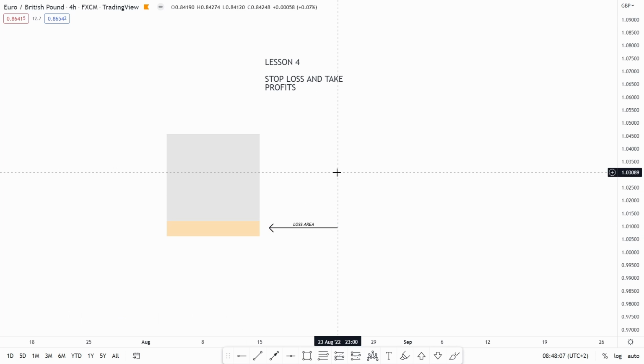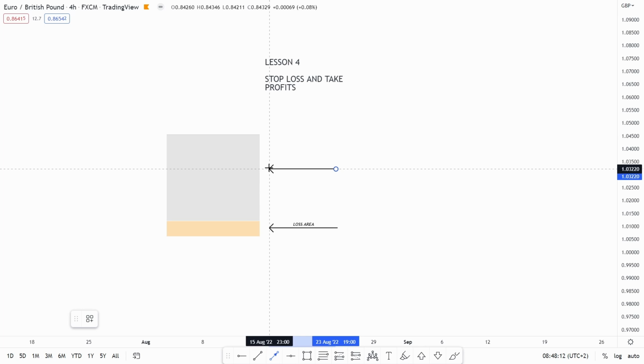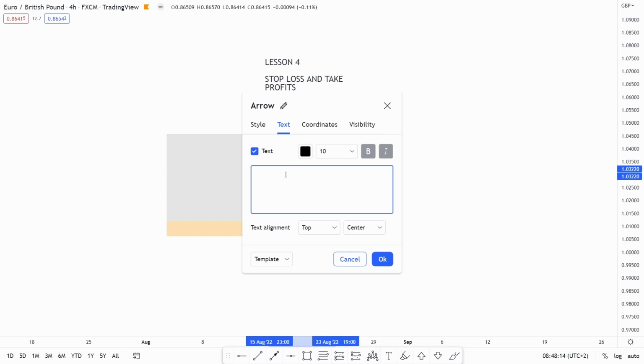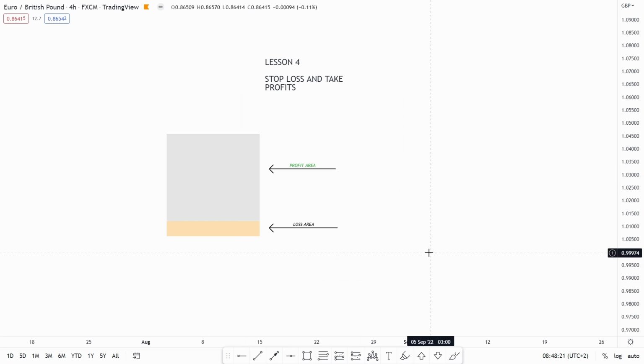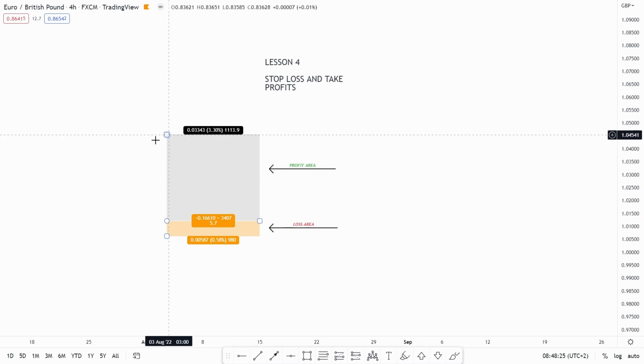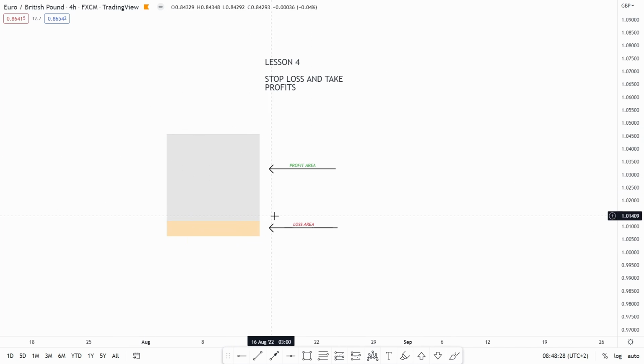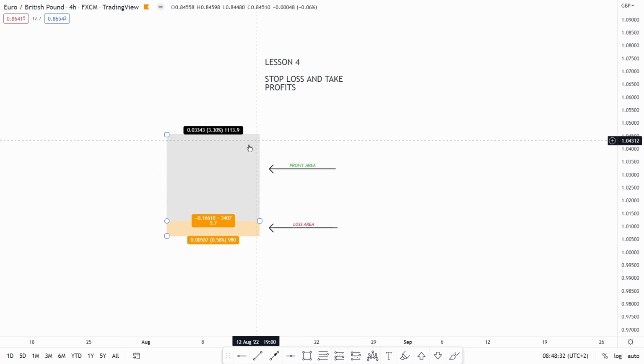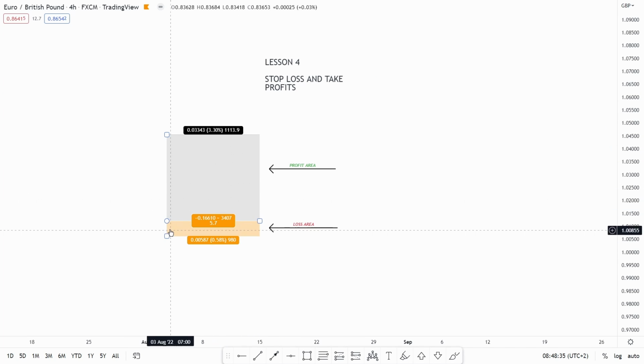The gray part is your profit area. Maybe let's do green, and this one red. So what it means is that as soon as the price is in this range, the gray range, you're gaining money, and as soon as the price is in the yellow range, you're losing it.